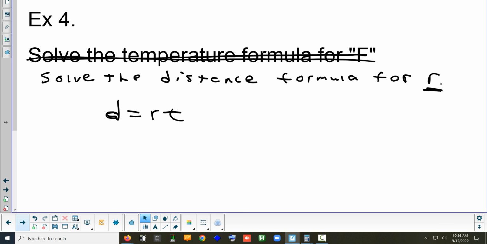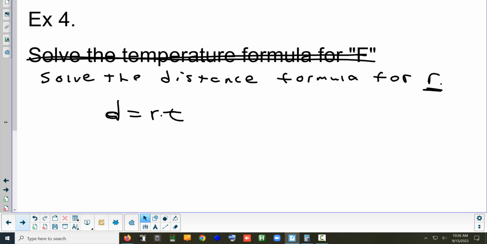Now, look at the R and the T. What are we doing with the R and the T the way it's written right there? Adding, subtracting, multiplying, or dividing? Just basically read what that says to me. Yeah, we're multiplying them.